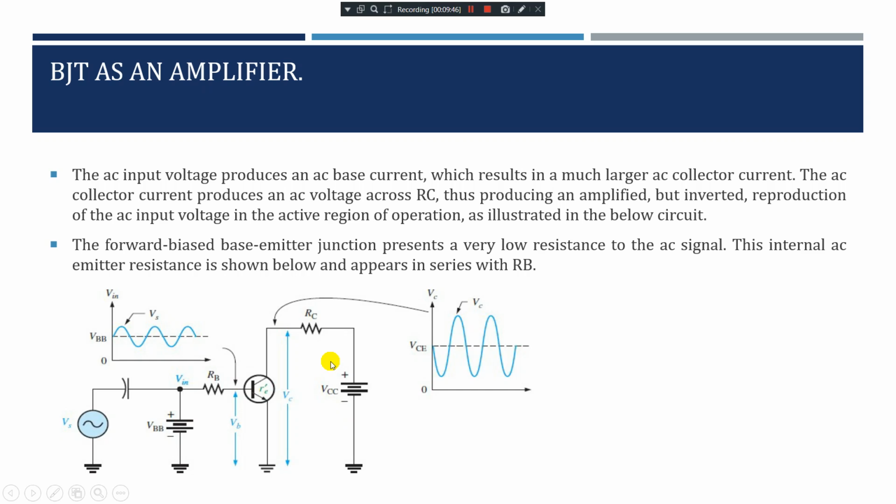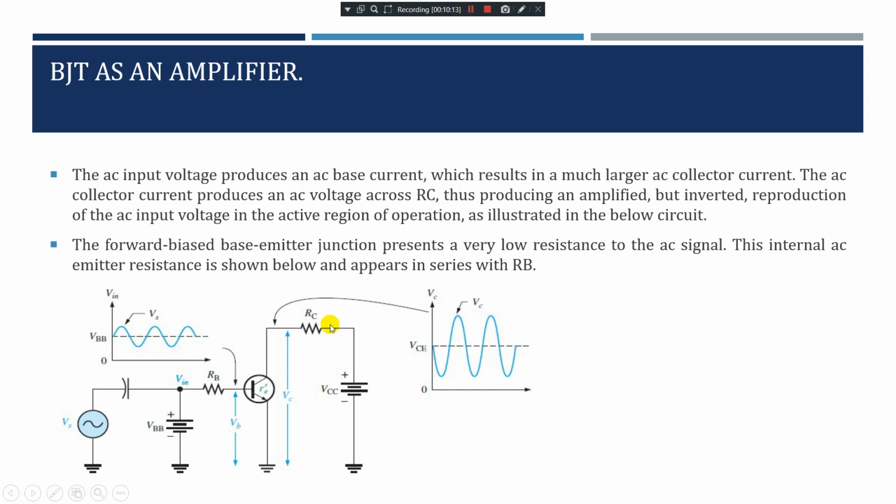Okay, next, the forward biased base emitter junction presents a very low resistance to the AC signal. When you come to forward bias, always remember, when there is a forward bias, there will always be very low resistance in the circuit. So the base to emitter junction presents very low resistance. Here we can see base to emitter.